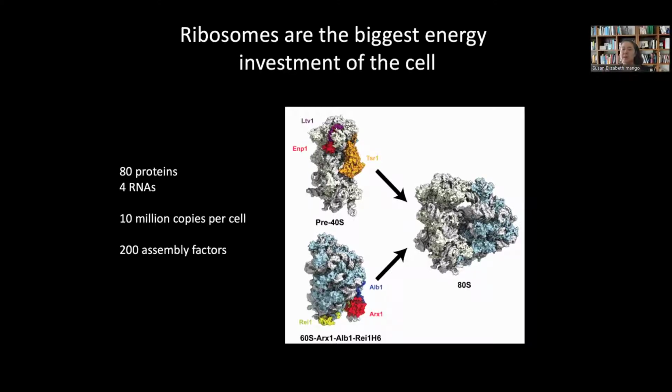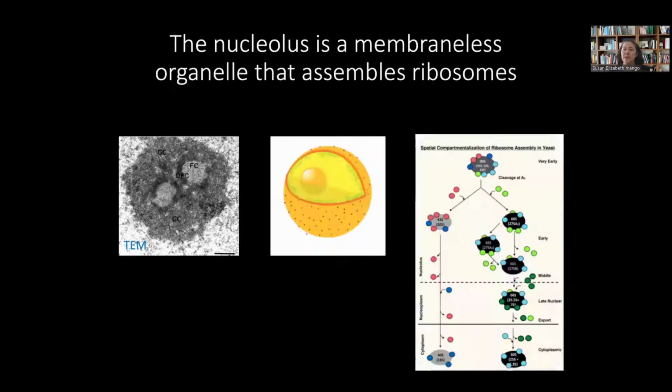And so it needs to do it efficiently. It needs to be able to regulate it. And so what it does is restricts it into the nucleoli. So this is a cartoon of a nucleus, and then the nucleoli sit within the nucleus. Here's an EM picture so you can see what a real nucleolus looks like. And this just gives you an idea of what happens.